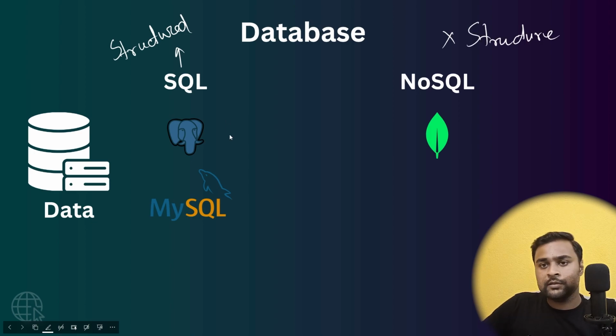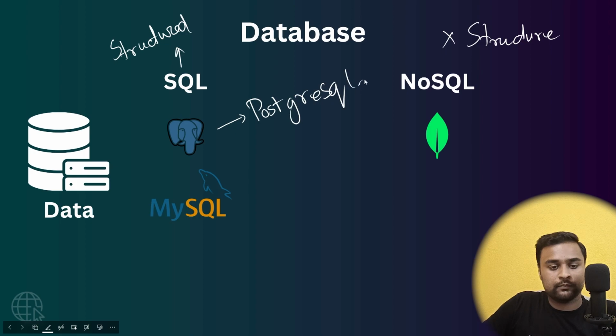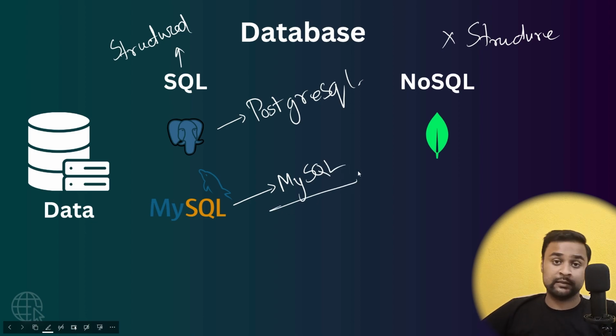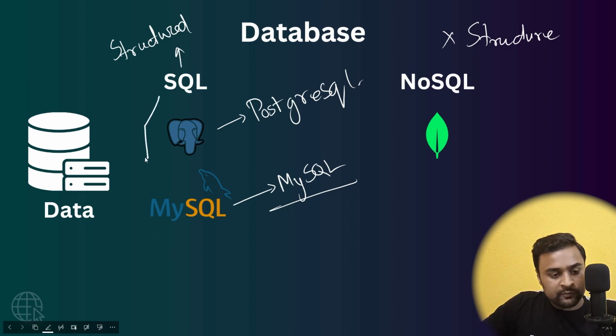For SQL based database you can use Postgres SQL or MySQL, one of these two, or you can learn any of the SQL based databases. SQL itself is a very vast topic, so if you can take some time to understand the queries of SQL based database, then it's well and good for you.